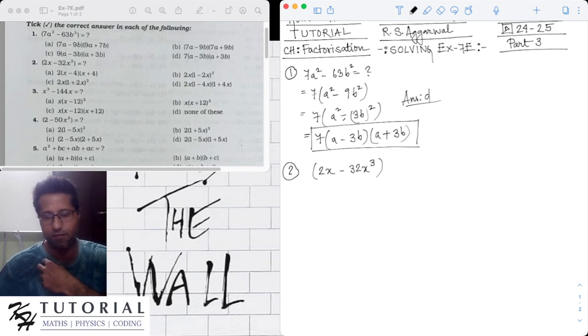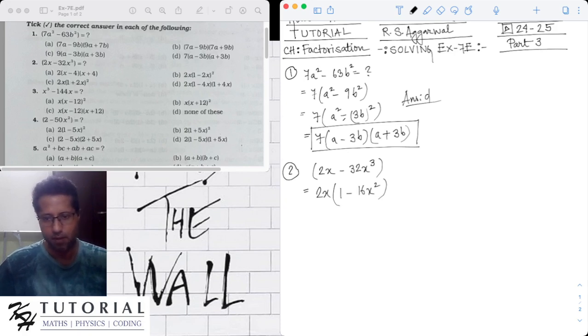Whenever you have a polynomial and you see that all the terms have a common factor, it is a standard strategy to factor out that common factor from all the terms. The common factor of 2x and minus 32x cube is 2x. If I factor out 2x from both the terms, I get 2x multiplied by 1 minus 16x square.